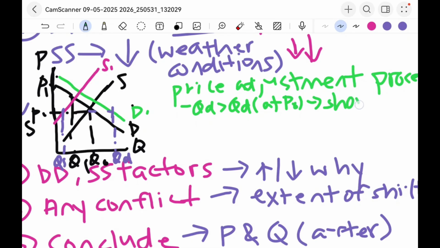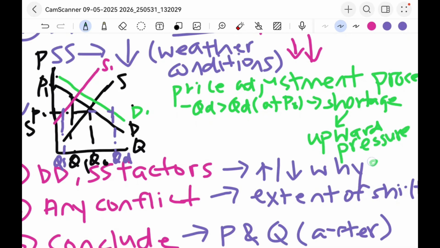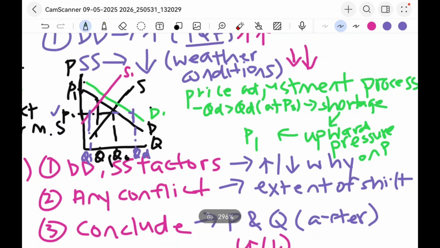To close the shortage, my price needs to adjust upwards. So they usually say there is an upward pressure on price, because when you say there's an upward pressure, then you show that price increases eventually. Upward pressure on price, and then your price adjusts to P1, which is shown on the graph here.